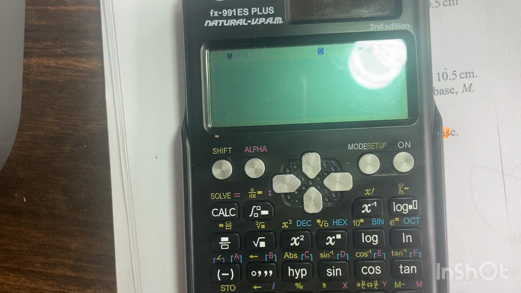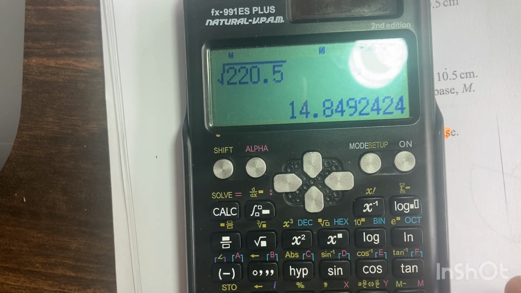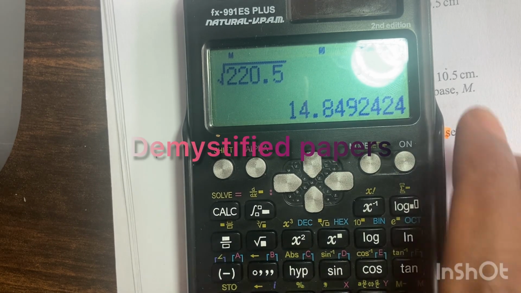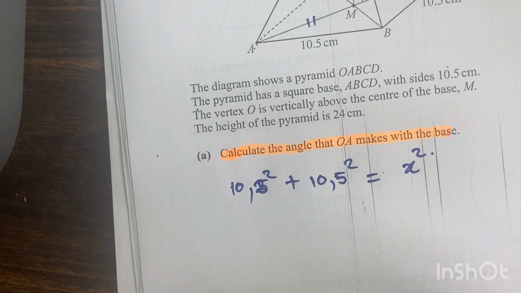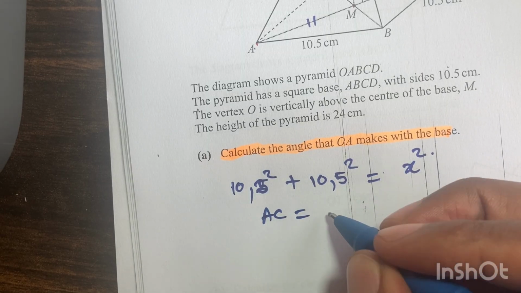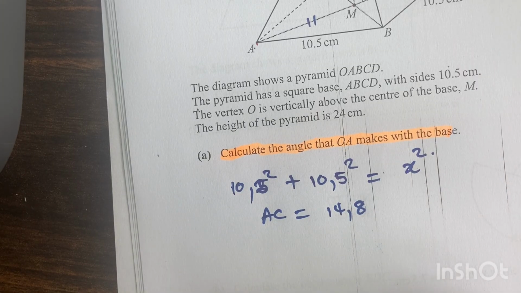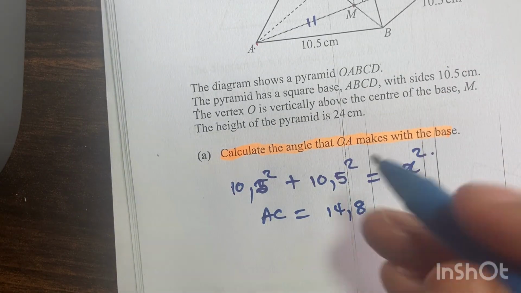Then the square root of 220,5, that gives me 14,8. So AC is equivalent to 14,8.